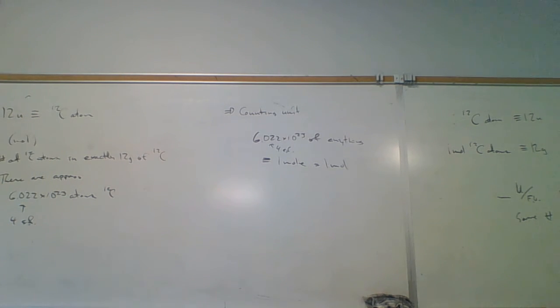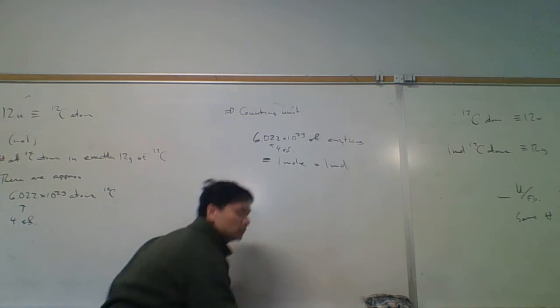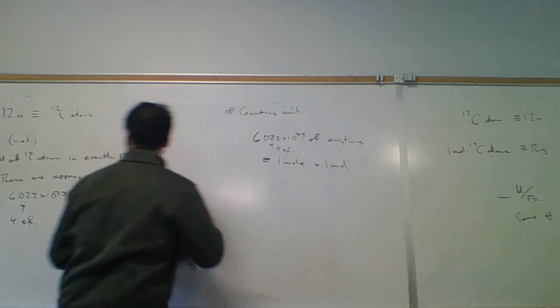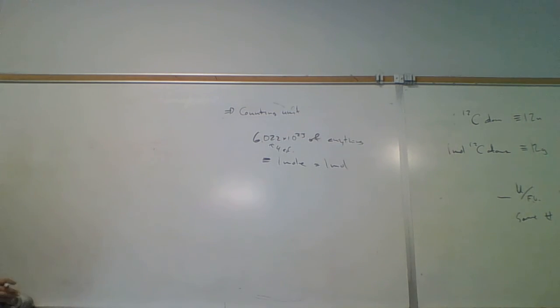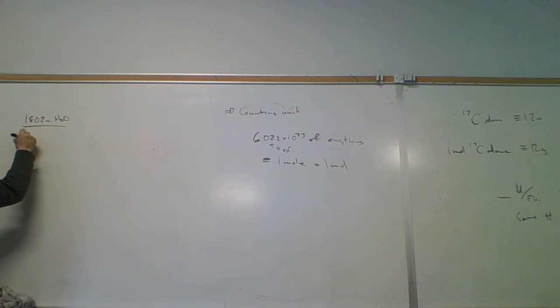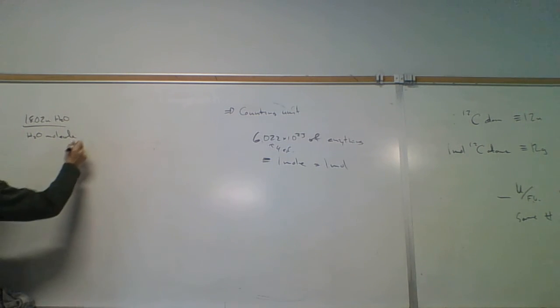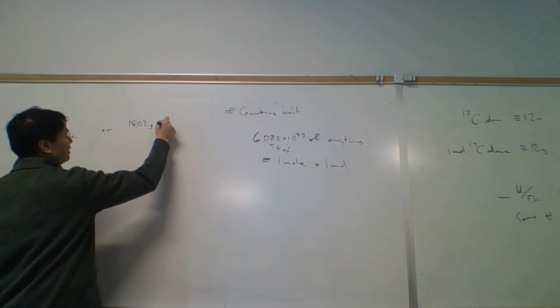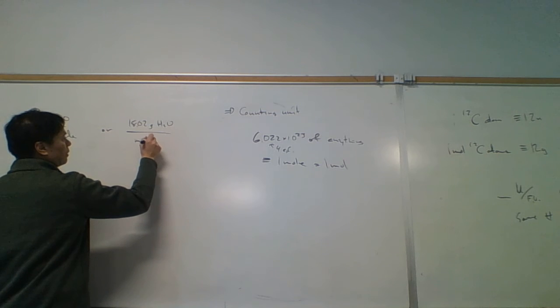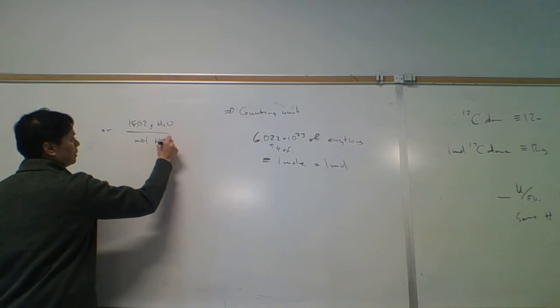And so what we can do is this, quite simply. How much does a water molecule weigh? It's going to be 18.02 U's worth of H2O per H2O molecule, or formula unit. Or we could say 18.02 grams of water for every mole of H2O molecules.